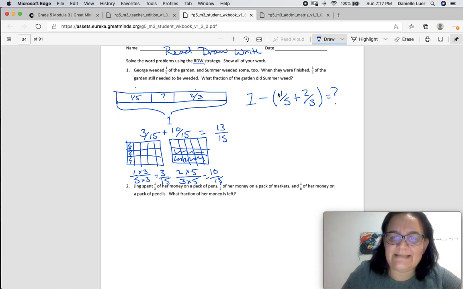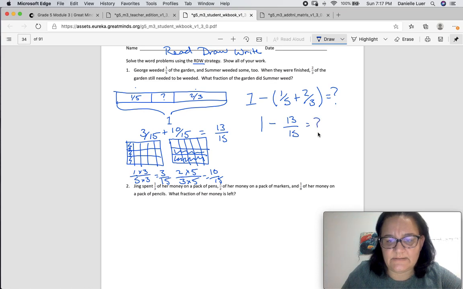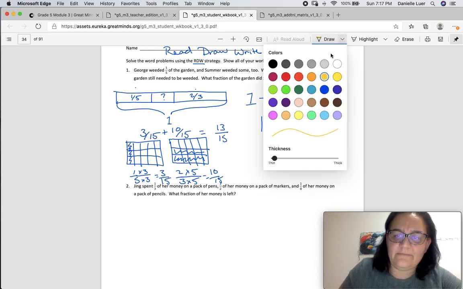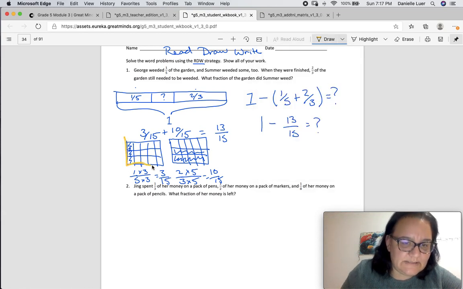Okay, so I can take this and I can swap it for this answer because now I know what that answer is. So 1 minus 13/15 equals our answer. Okay, so 1 whole. Well, I know that 1 whole is 1 entire square. Let me get a little bit bigger here. This is 1 whole, isn't it?